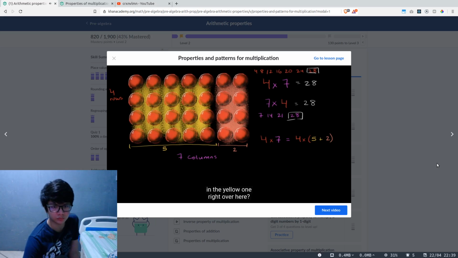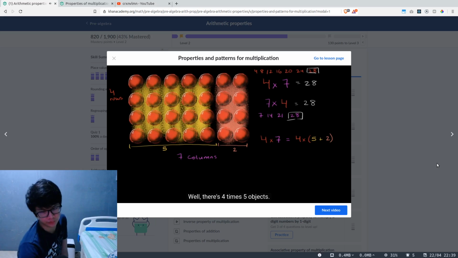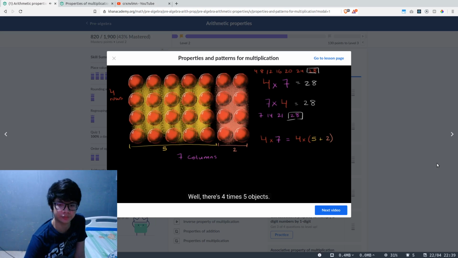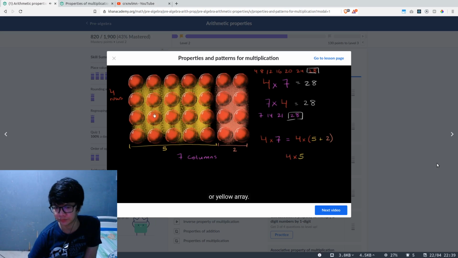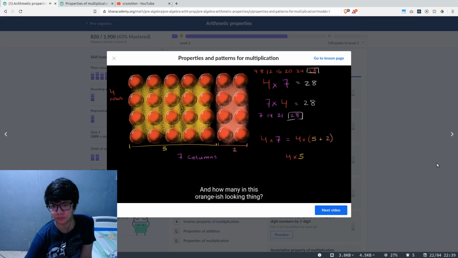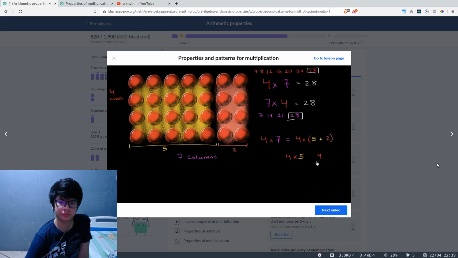There's 4 times 5 objects in the yellow array. And how many in this orangish one? There's going to be 4 times 2.